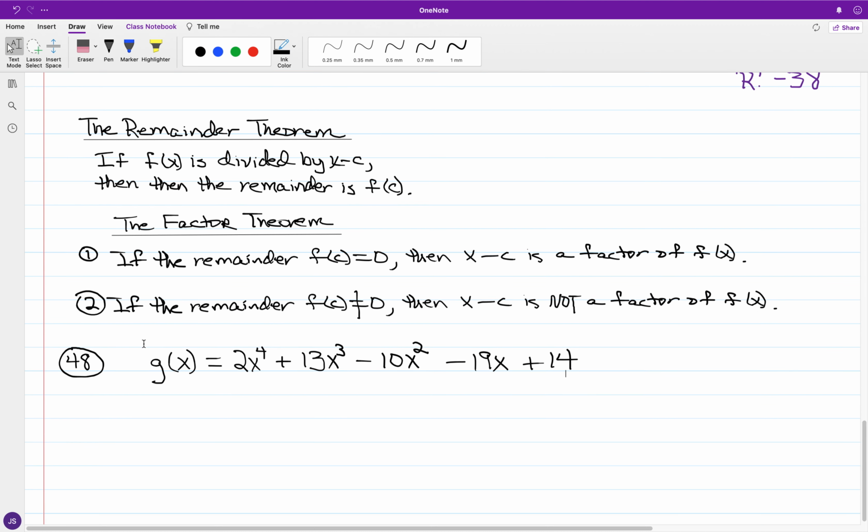And for the first question, is c equals -2 a 0? Another way of asking this would be, is x plus 2 a factor of g of x?